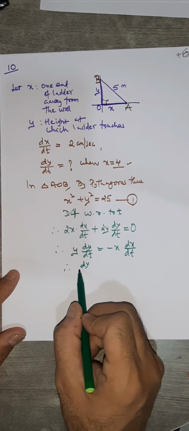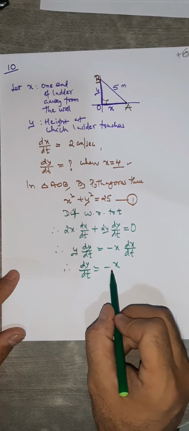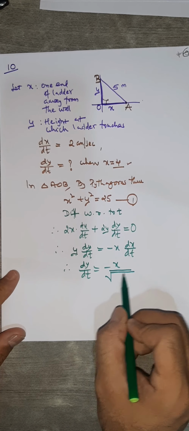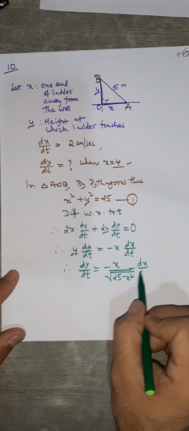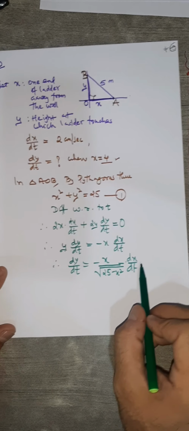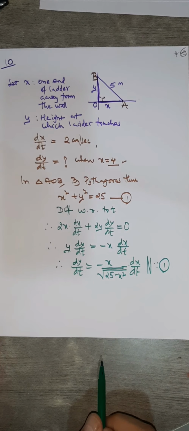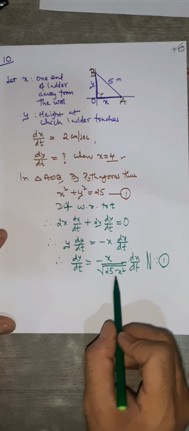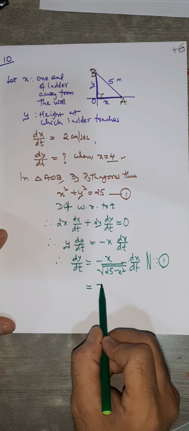So we have dy by dt equals to minus x over the value of y from 1, you can put root of 25 minus x square, into dx by dt. From 1 you place the value of y.